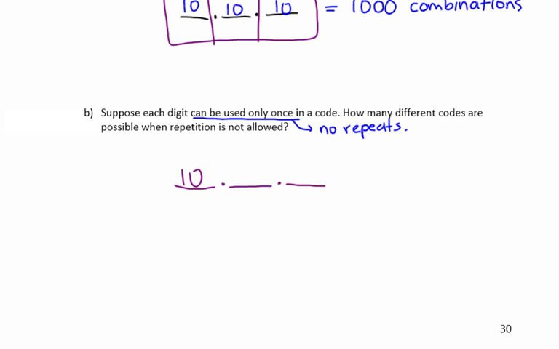Now, you've used a digit. How many options are left for the second? 9. Because you've used one of them, now you have only 9 because we want no repeats. And now how many options do we have for the last? 8. And 9 times 8 is 72 times 10, 720 different combinations. We want no repeats.